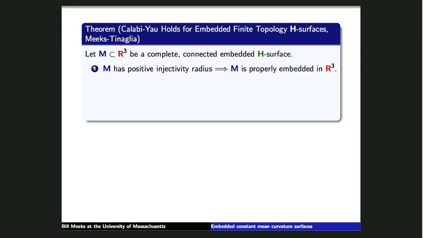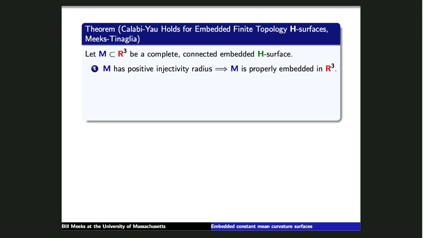Okay, so let me tell you a little bit more about things along this line that are more general. I'm going to talk about what the Calabi-Yau problem was. So I'm looking at a surface in R3, complete, connected, embedded, an H surface, constant mean curvature H, could be minimal. If it has positive injectivity radius, then it's properly embedded.